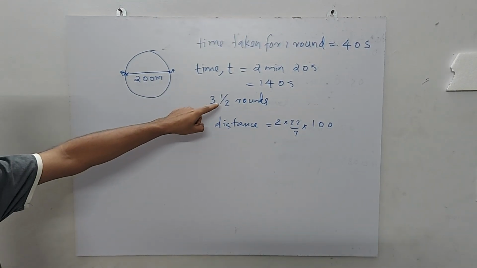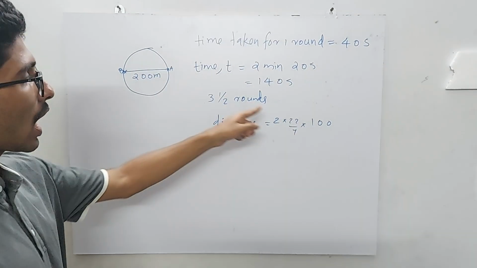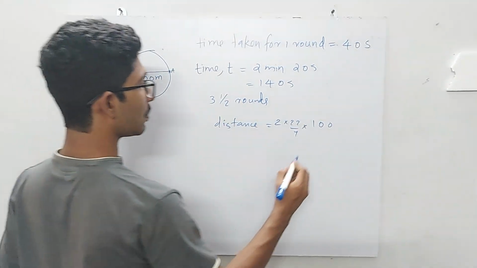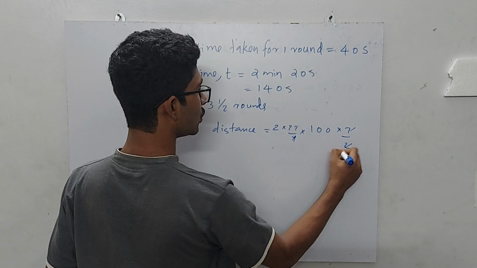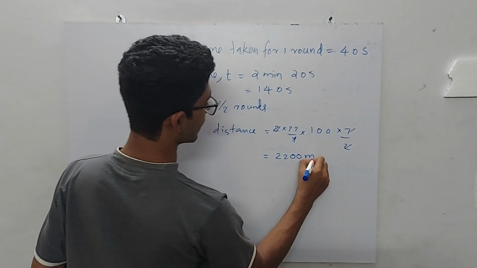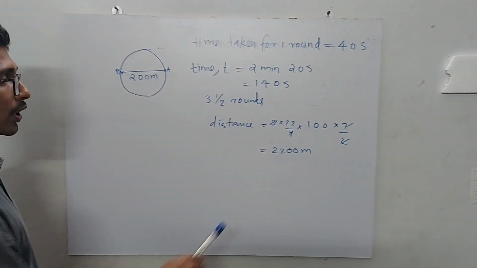But in total he is completing 3.5 rounds, so we need to multiply 3.5 with the perimeter, the circumference of the circle, multiplied by 7 by 2. The 7 gets cancelled, 2 gets cancelled. So the answer is 2200 meters. That's the total distance that the athlete covers. Don't forget to write the unit.